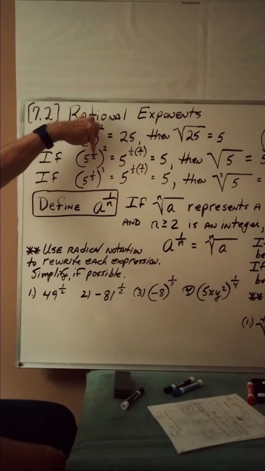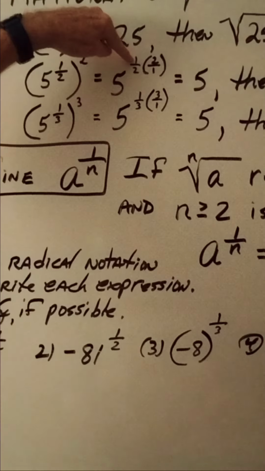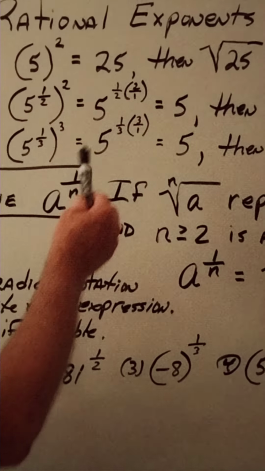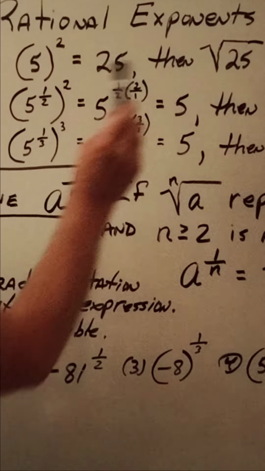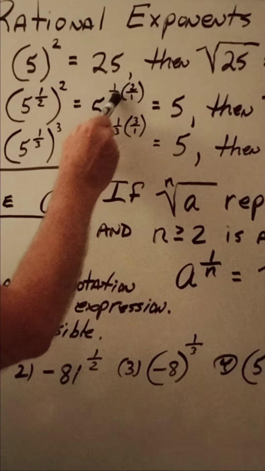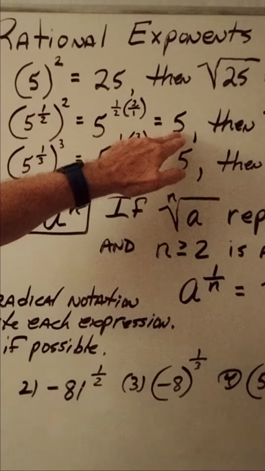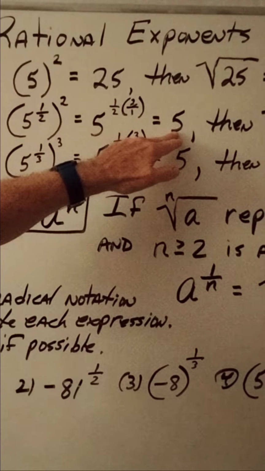That's the power of a power. And 5 to the 1/2 times 2, or 2 over 1, gives us 5, because these 2's cross cancel out, and we are getting 5 as our answer.